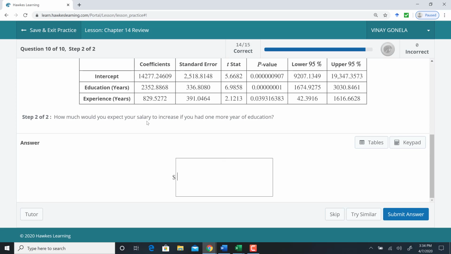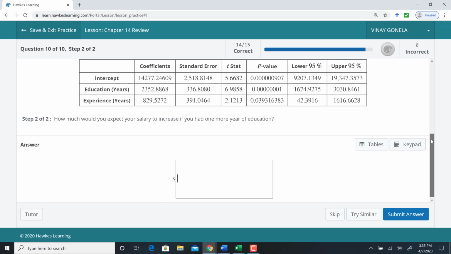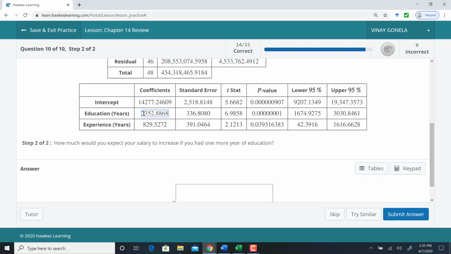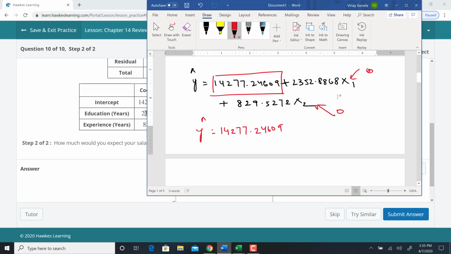So how much would you expect your salary to increase if you had one more year of education? Usually the coefficient is what it will increase by. So if you see our equation, I discussed this in simple linear regression, that if I increase the value of x1 by 1, the y value will increase by the slope, which is 2352.8868.